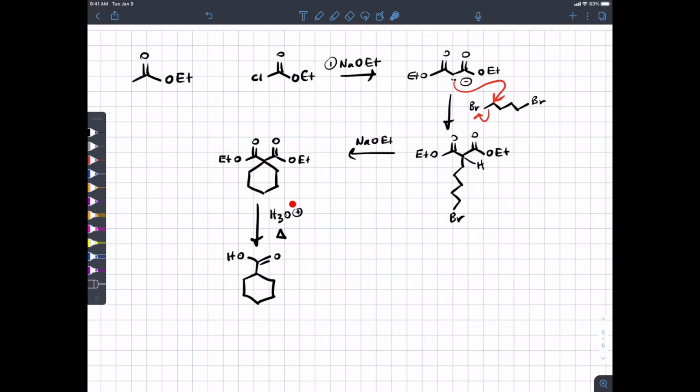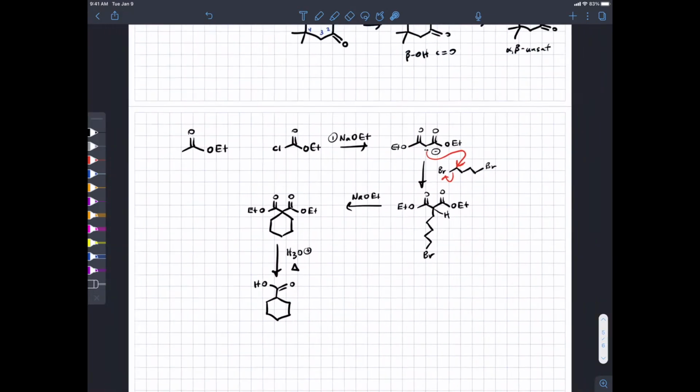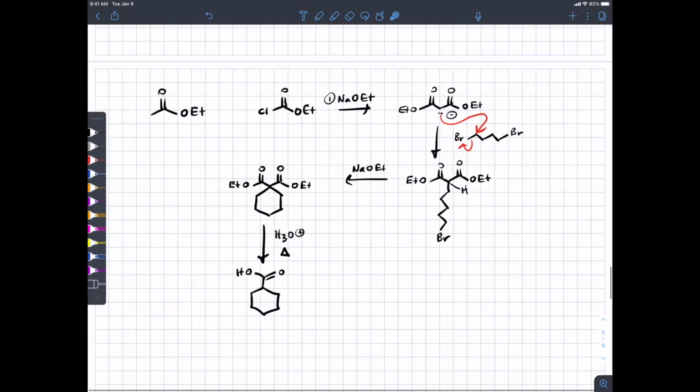Then you do ester hydrolysis and decarboxylation and tautomerization to get to that product. So if you need to look through that in a little bit more detail, this is in the notes that I posted from last time's lecture.